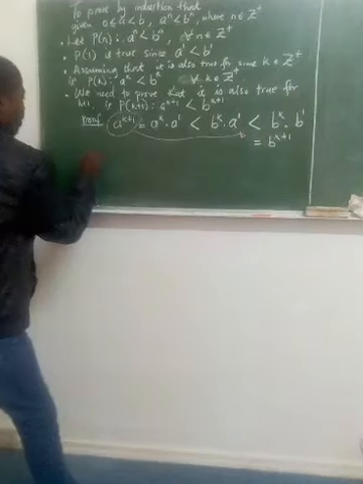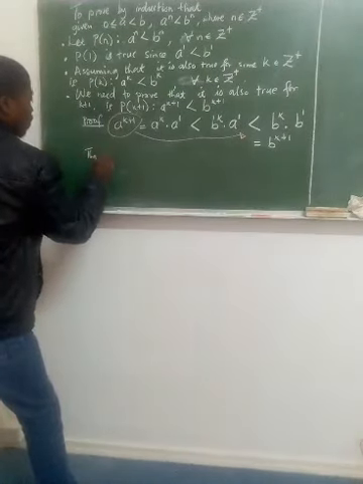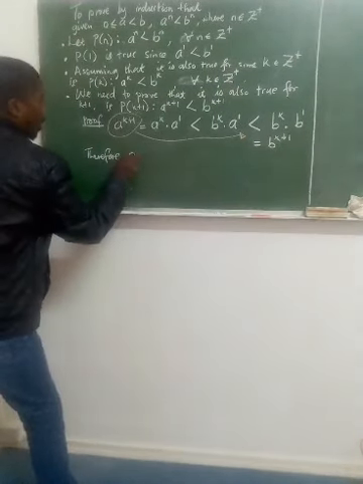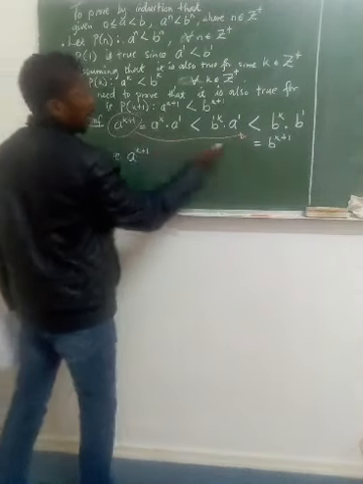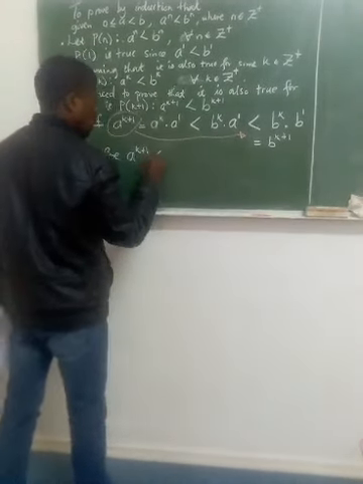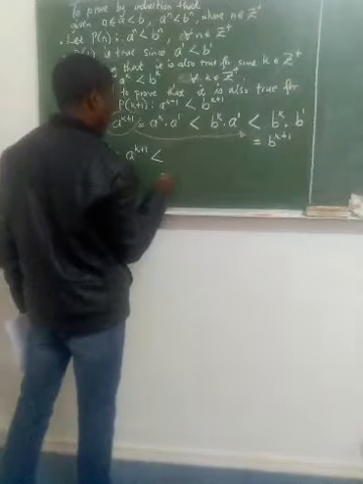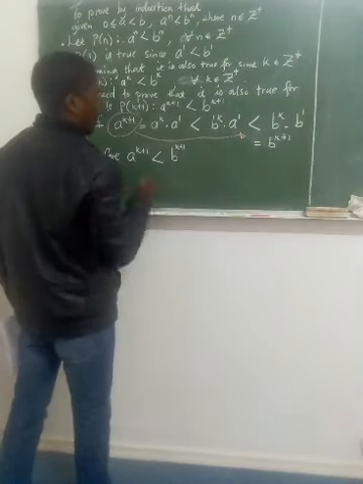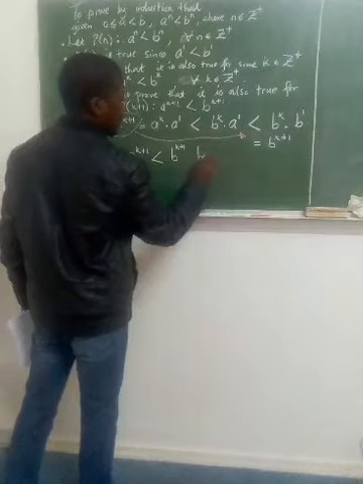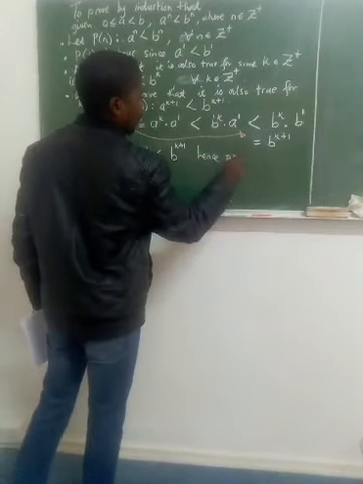So you can say, therefore, a to the k plus 1, taking that last inequality, is less than b to the k plus 1. Hence, proved.